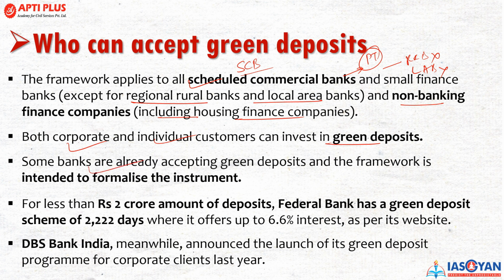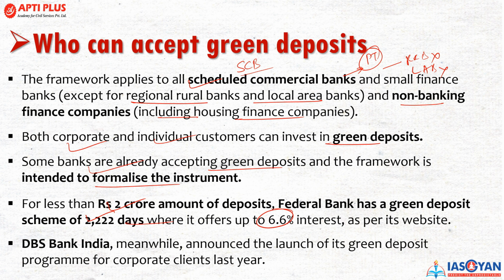Some banks have already accepted the green deposit framework, which is intended to formalize this instrument. To give you an example, in recent times, a 2 crore deposit was made with Federal Bank as a green deposit for a scheme of 2222 days, which offers an interest rate of 6.6, which is fairly a good percentage.